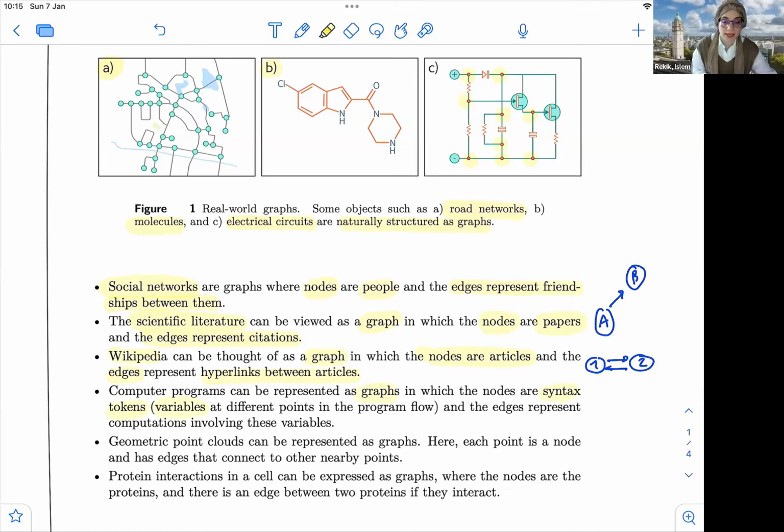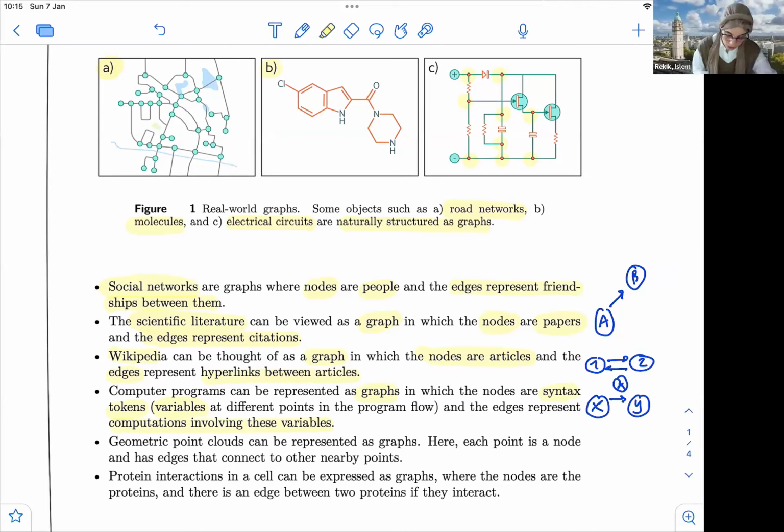A node can represent a variable at a particular point in the program flow, and the edges represent computations involving these variables. So if you have two variables, for example, x and y, these are the type of computations that we can encode as edges. For example, multiplication here, so we can multiply x by y, okay?